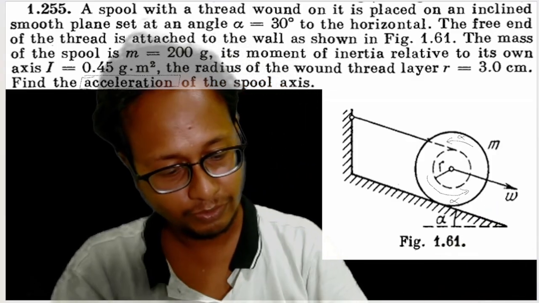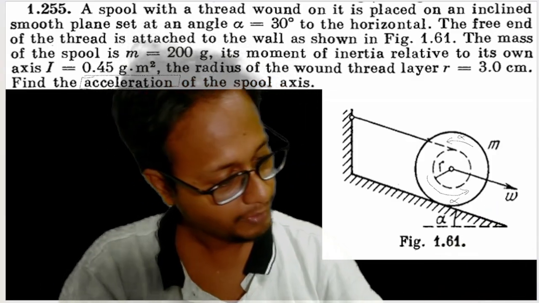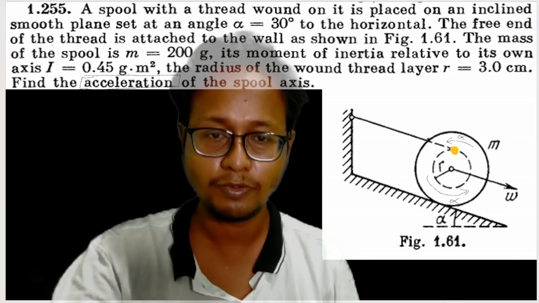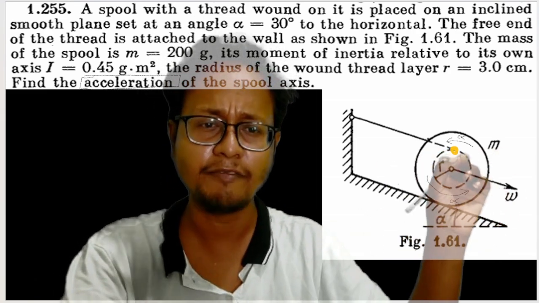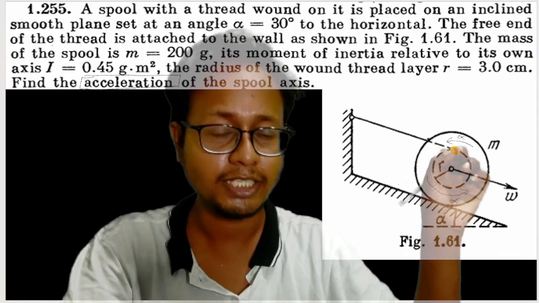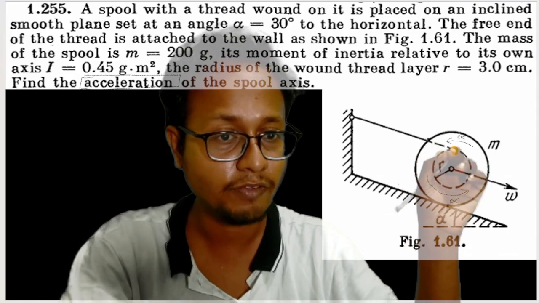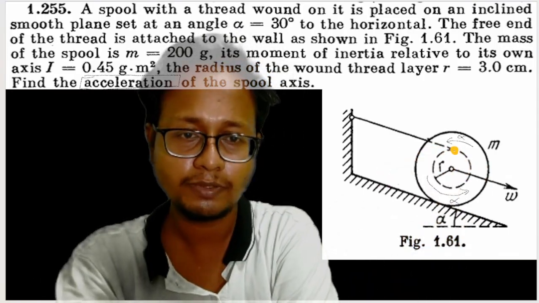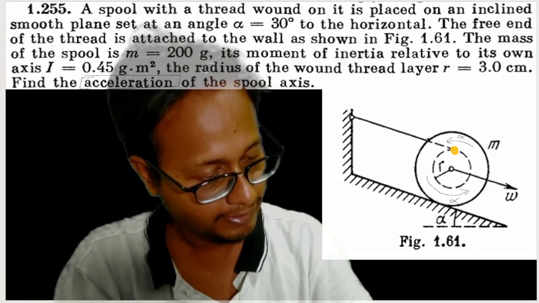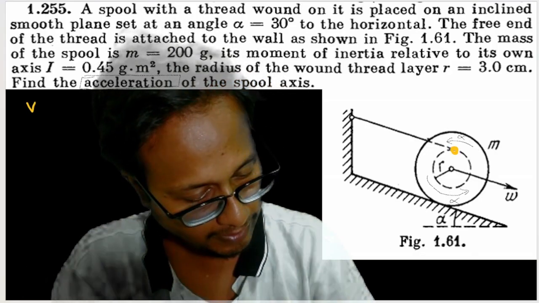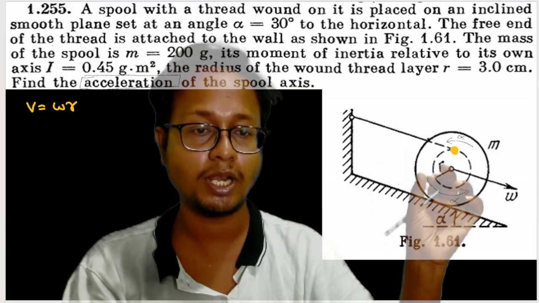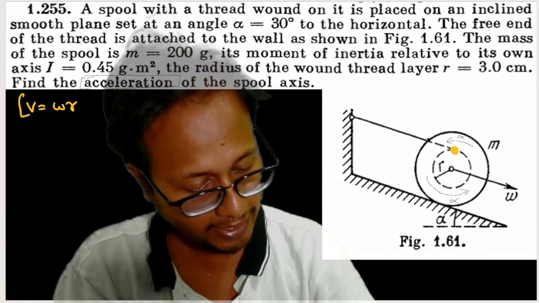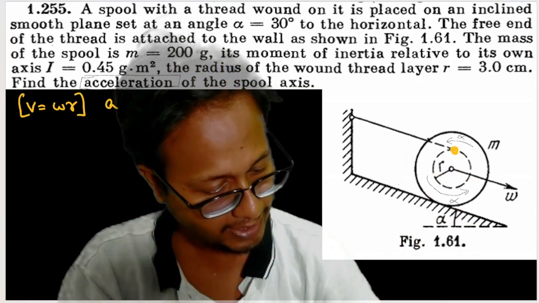So we use a simple method. The first thing is that this is the instantaneous axis of rotation. That means while this body spins, if I observe this point for just a time frame, the velocity of this point is equal to zero. We know that linear velocity v is equal to omega into r, where r is small r, and we also know the acceleration a.